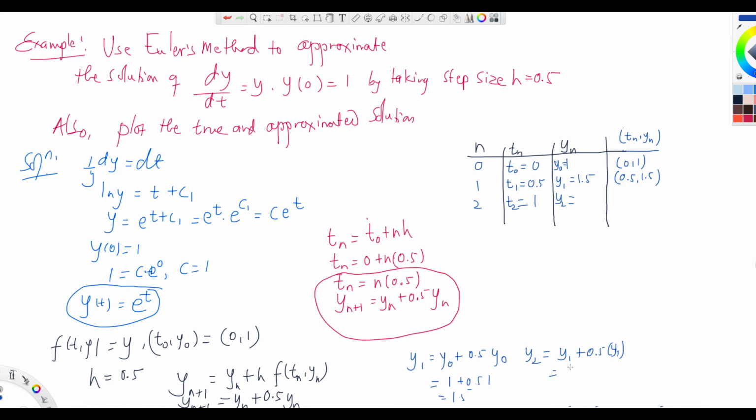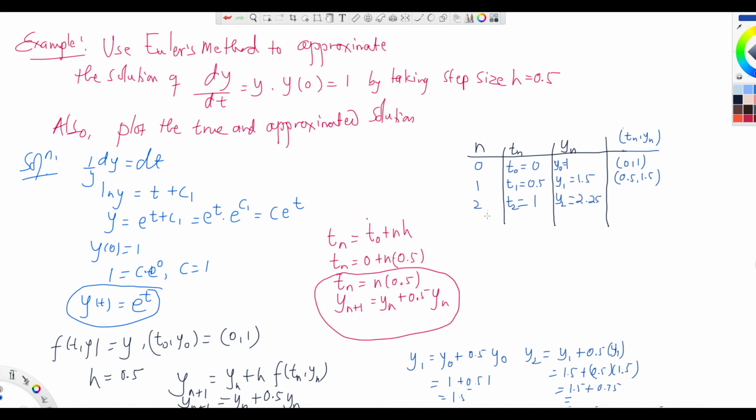So what is y1? We've got 1.5, so 1.5 plus 0.5 times 1.5. What is 1.5 times 0.5? I think it is 0.75. So 1.5 plus 0.75 will be 2.25.